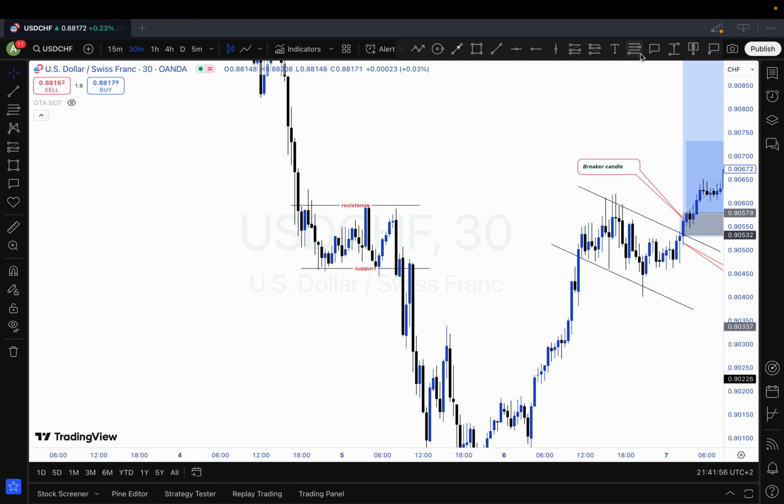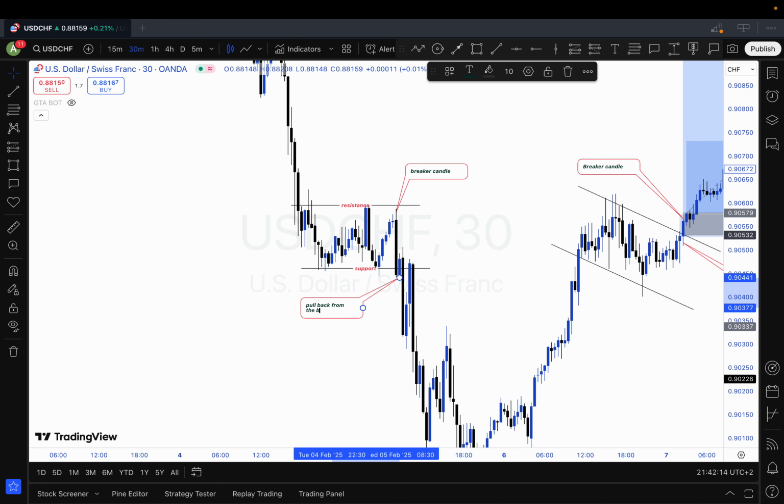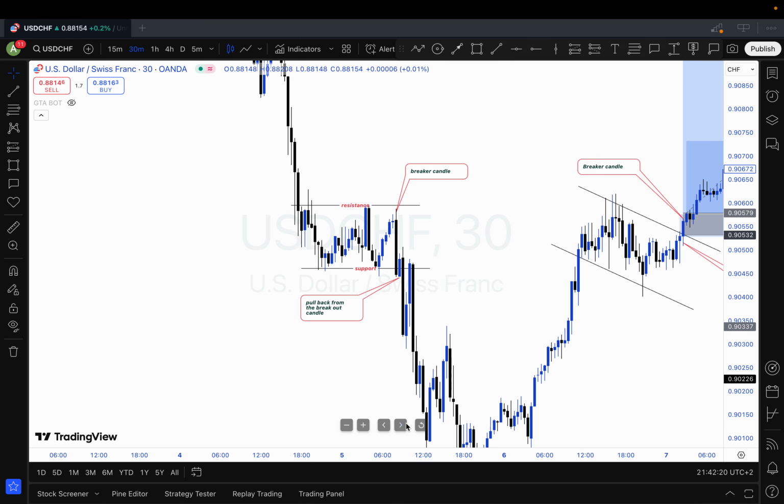No matter what, this is a breaker candle. All right, and then we have this pullback from the breaker candle.